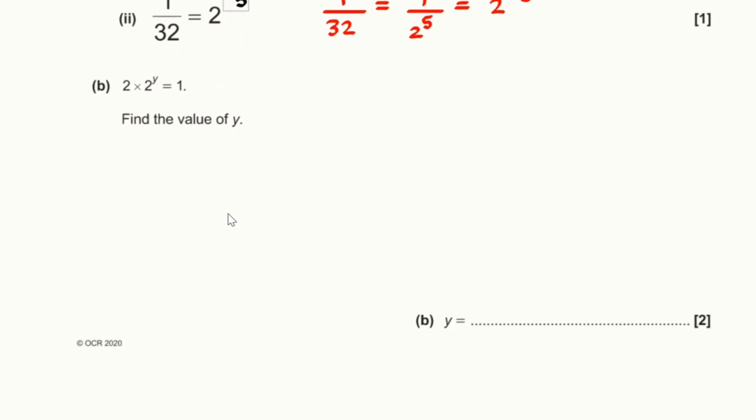And then we've got 2 times by 2 to the power of y equals 1. We have to find the value of y. Well, I've got 2 to the power of 1 multiplied by 2 to the power of y, which is the same as 2 to the power of y plus 1. Now this over here is equal to 1. And 1 is the same as 2 to the power of 0.